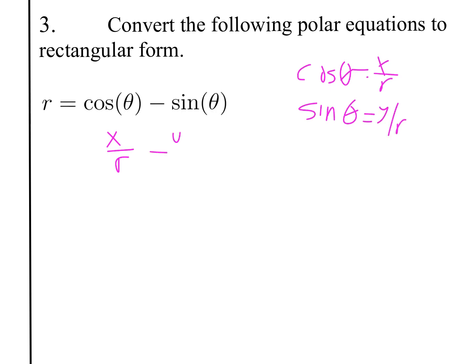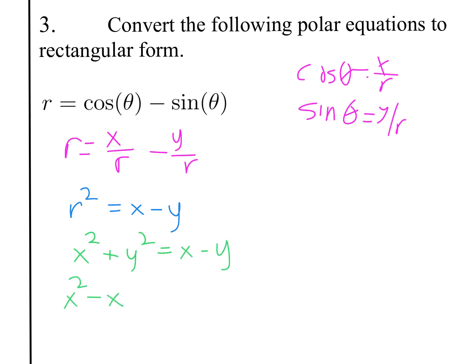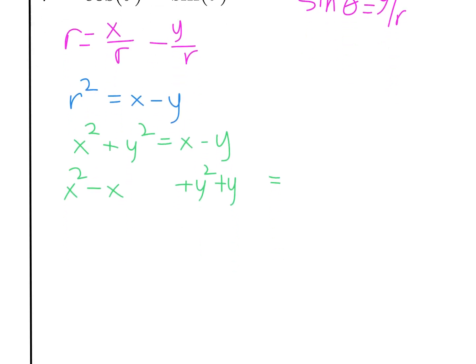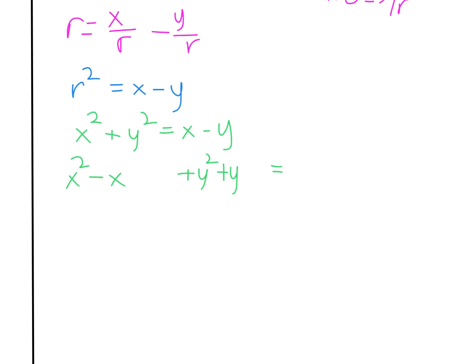So minus y over r equals r. Let's multiply by r on both sides. So that's going to be r squared is x minus y. R squared is x squared plus y squared. So that means we're going to have x squared minus x plus y squared plus y equals 0, technically. I'm going to wrap this into a circle-looking thing.